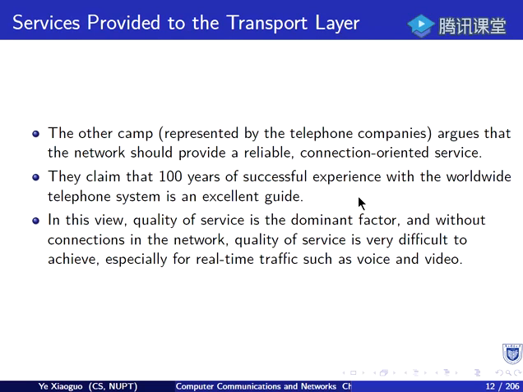In this view, quality of service is the dominant factor. And without connections in the network, quality of service is very difficult to achieve, especially for real-time traffic such as voice and video. So the viewpoint of the telephone company is that the network should guarantee the quality of service.